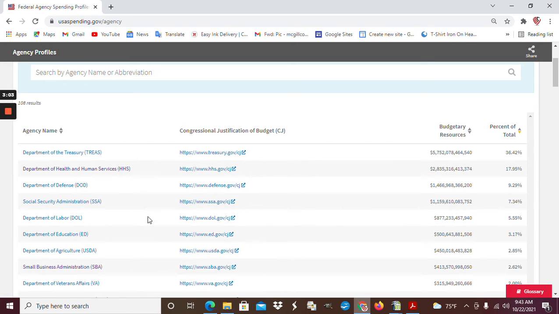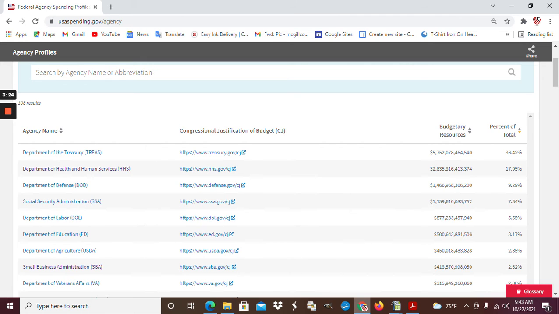Depending on what you're going into, because you see here you got the Department of Health and Human Services, they got 17.95% of the budget, which is right at $2.8 trillion. The Department of Defense, that's going to include the Army, Navy, the Air Force, Marine, all that, they're all up under here.